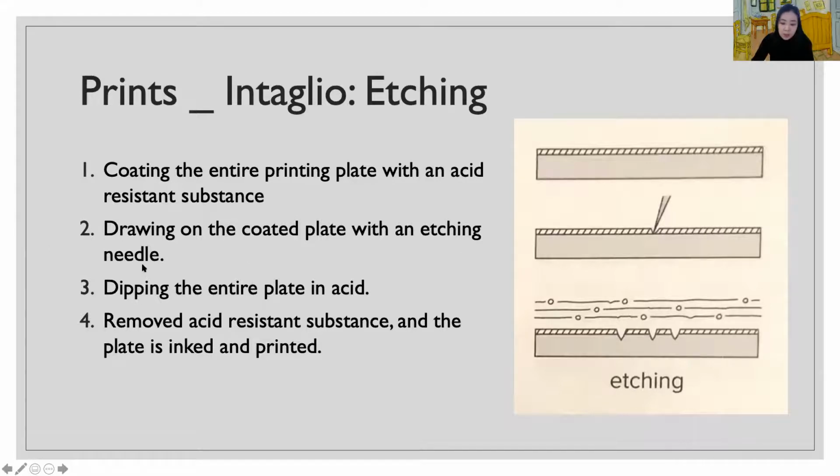So here is the process. Step one, the artist coats the entire printing plate with an acid-resistant substance called a ground. So here, the plate is coated with the ground. And then step two, the artist draws on the coated plate with an etching needle like this.